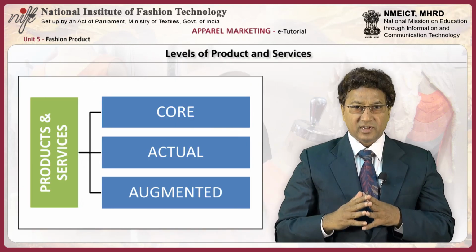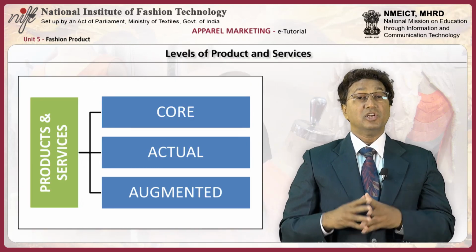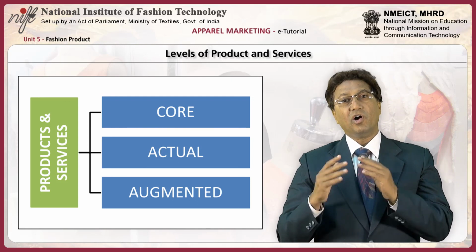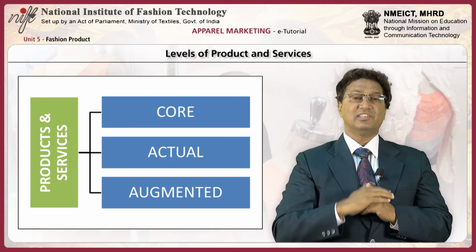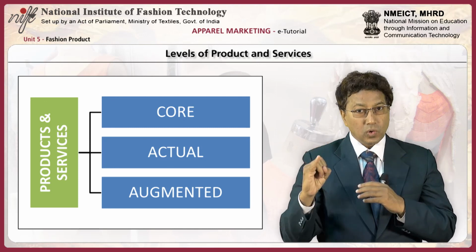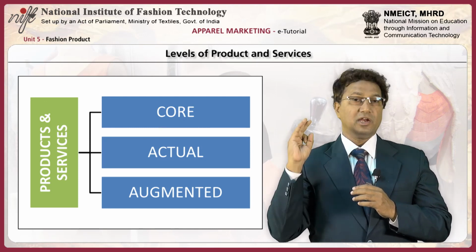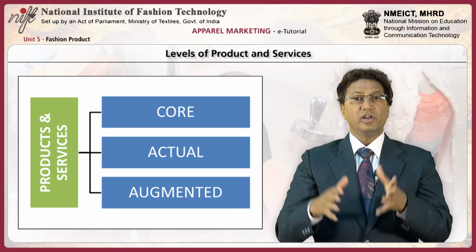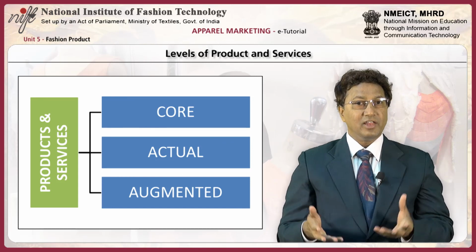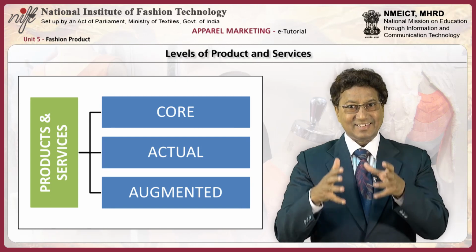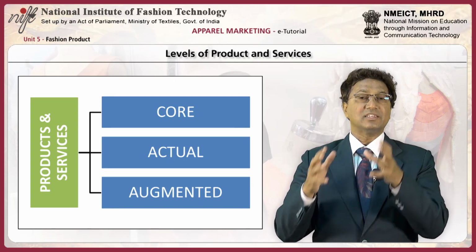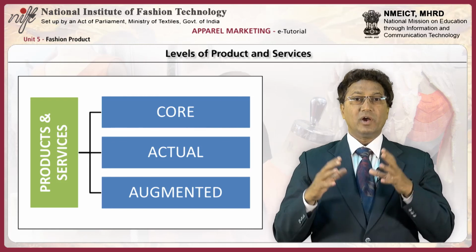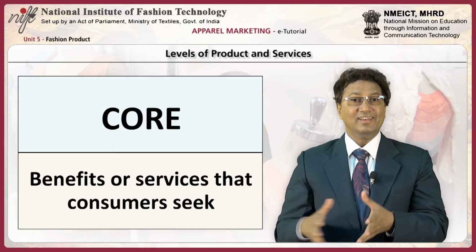It is important for marketers to think about products and services on three levels, that is core, actual and augmented, because each level contributes to customer value. The most intrinsic level is the core customer value, which addresses the question, what is the customer's real need?